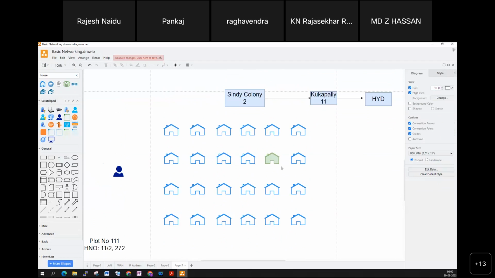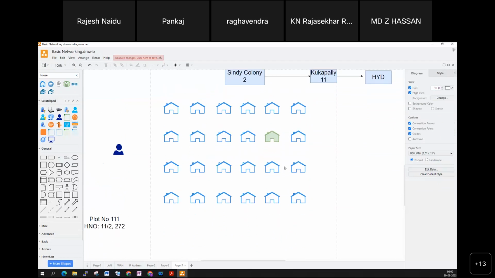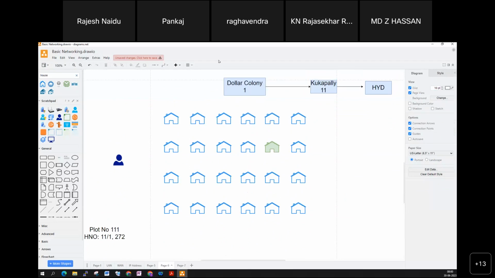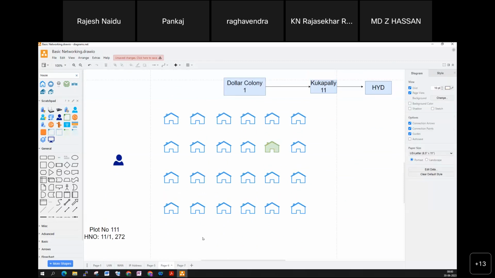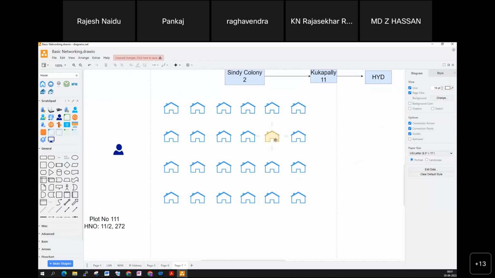Like that, many colonies are there. Suppose the house number is 272. In this colony, the house number is 272. Here 272 I marked as green, and here I'll mark it as, I don't know, yellow. So here it's green, and here I'll mark it as yellow.